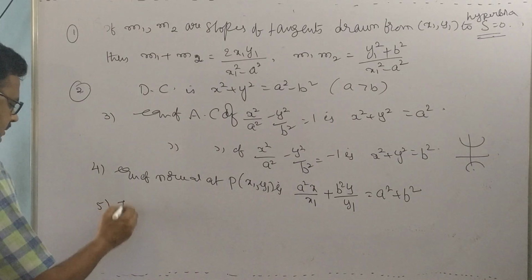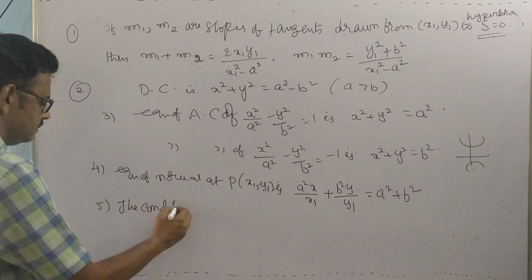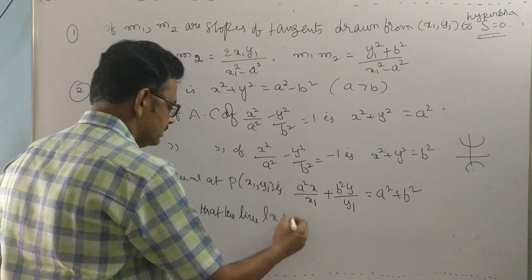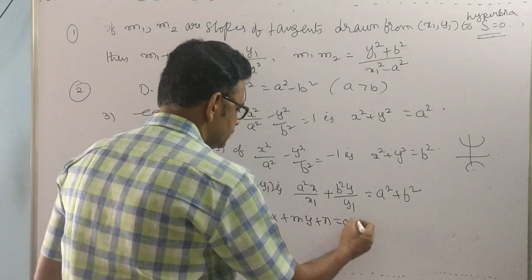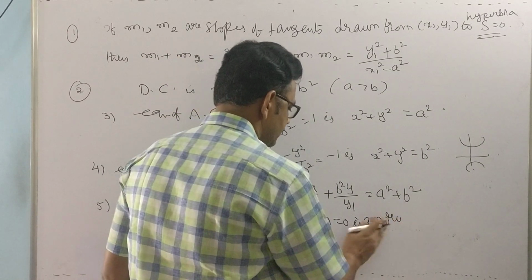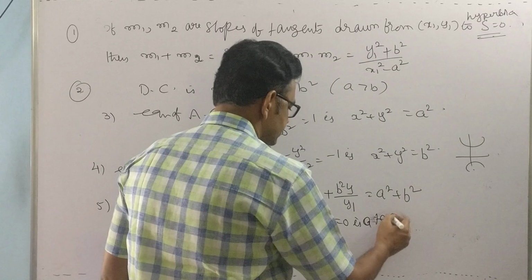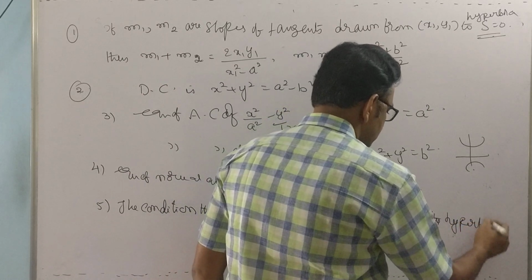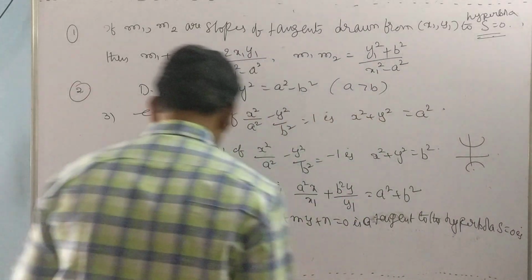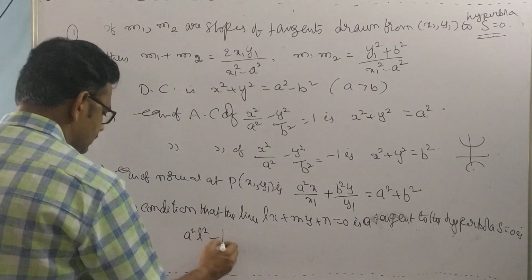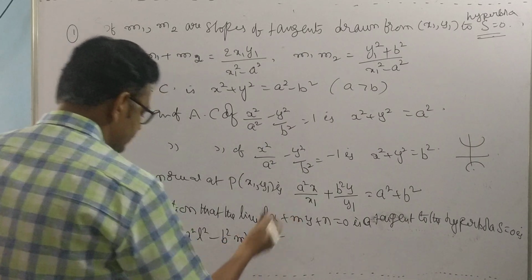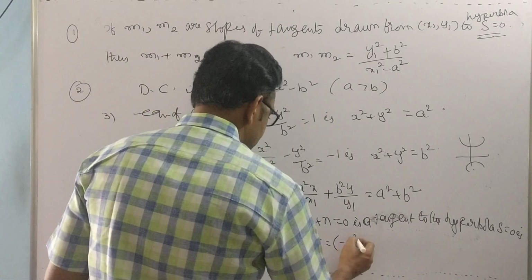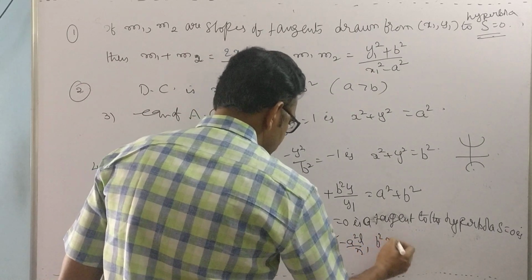The condition that the line Lx plus my plus n equal to 0 is a tangent to the hyperbola S equal to 0 is a square L square minus b square m square equal to n square, and the point of contact is minus a square L by n comma b square m by n.